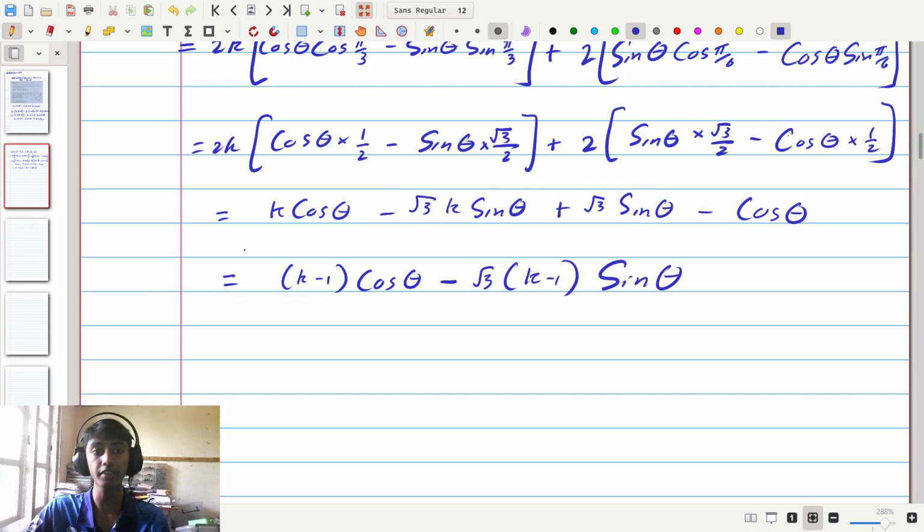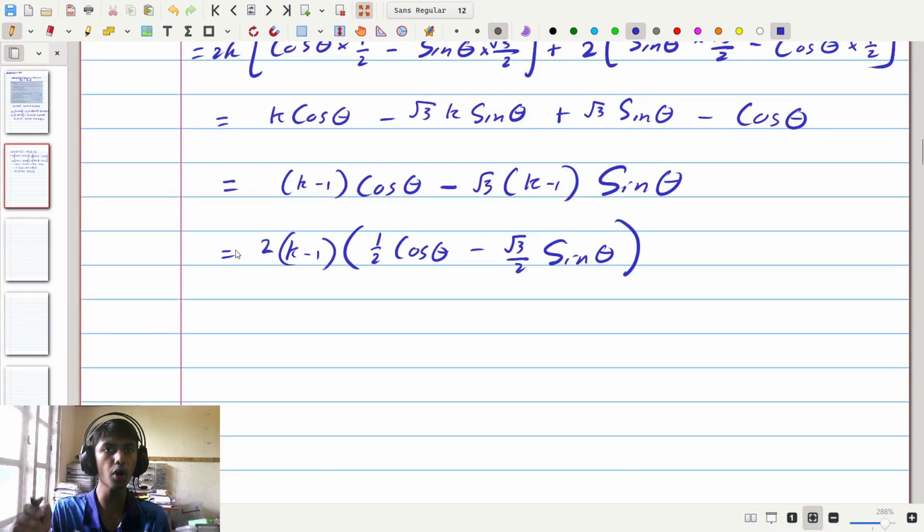Now, factoring out the k minus 1, we get k minus 1 multiplied by 1 times cosine of theta, which I can take as 2 times a half times cosine of theta, minus, and instead of root 3, if I take the 2 out, we have root 3 divided by 2 times the sine of theta, close bracket.